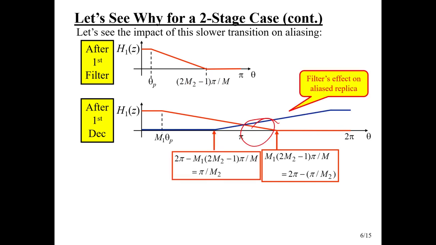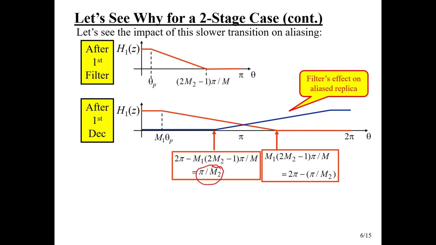So let's look at that aliasing term. We would just take this together with its mirror image and move it up to center at 2 pi. So here is this right here, and now I'm going backwards down that side. If that's this far up from 0, this edge is going to be that far down from 2 pi. So I'm just taking 2 pi minus this thing here, and then doing some algebra, and I see that it ends up being pi over M2.